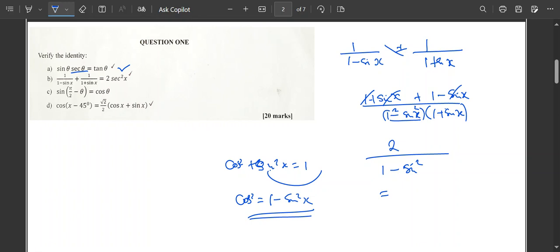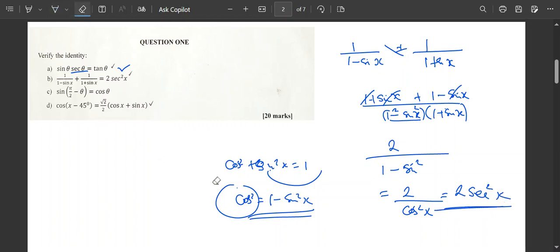Meaning that we have cos squared down there, so it will be 2 over cos squared x. So we said cos is the same as sec. All right, so this will be just the 2 times 1 over cos squared. Now it will also be sec squared, just like for the first case. Okay, so we have shown that one.